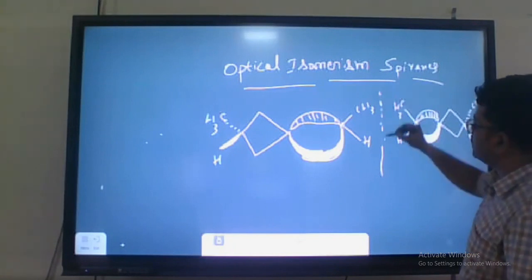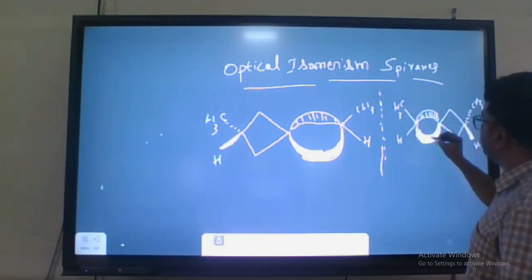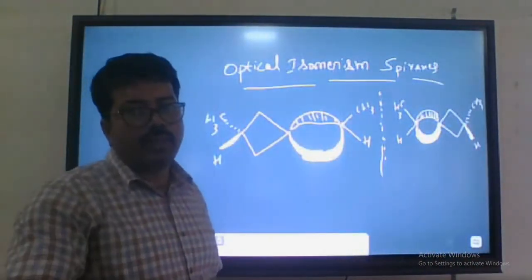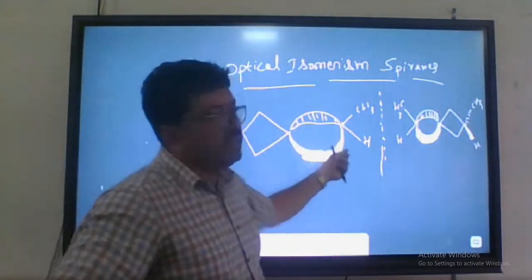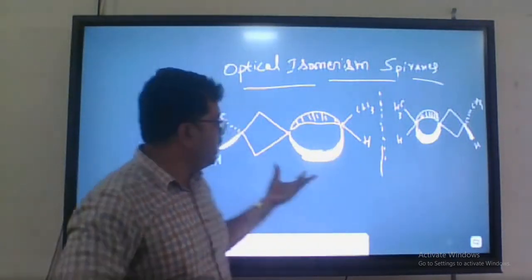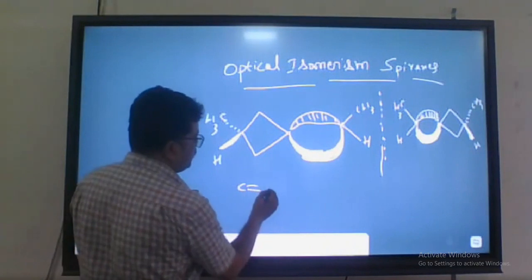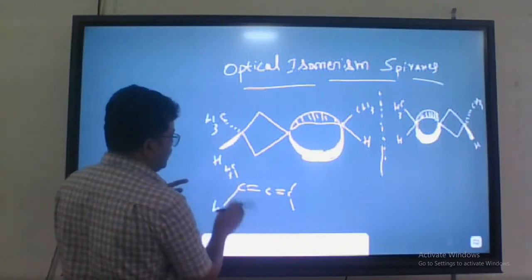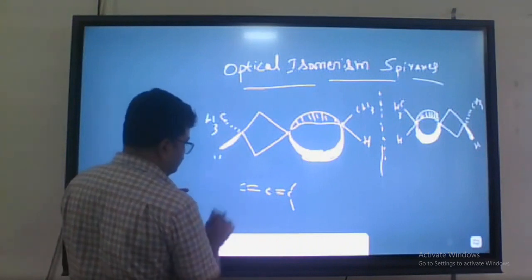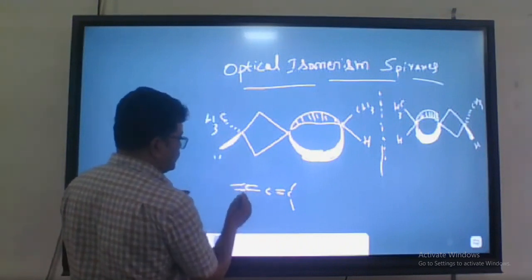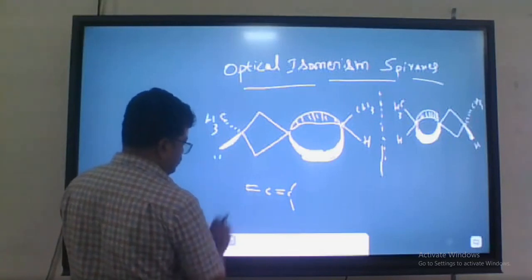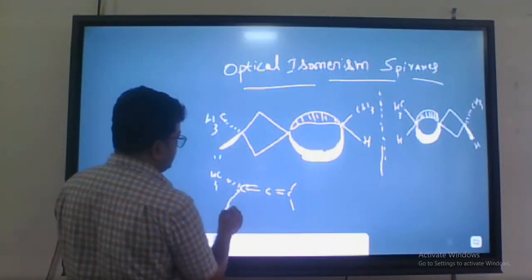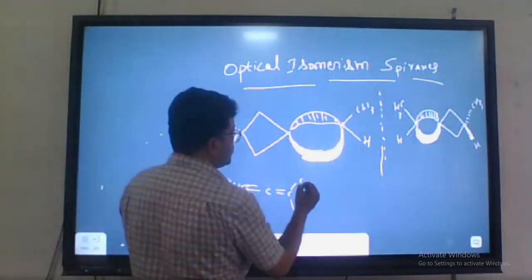So this is the mirror image. This is spiranes, first spiranes. These are enantiomers. If you take this one, CH3, and this is H, and this is CH3.